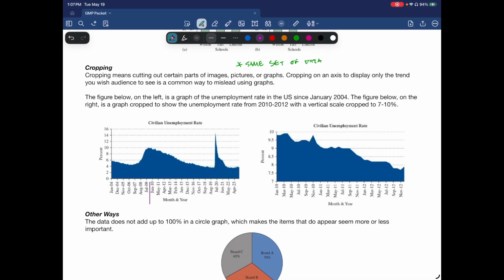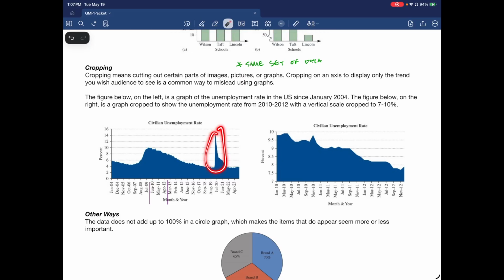The second graph is from here to right here. So this is the snippet that the second graph is showing. And you can also see there's a big peak right here that could also be isolated out and show you a particular set, like a big change.